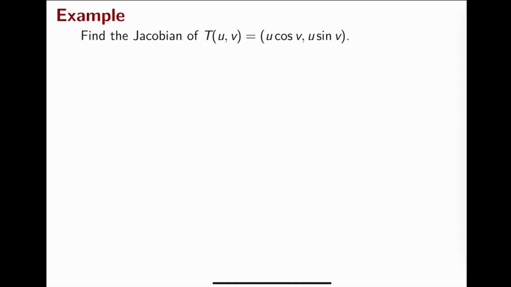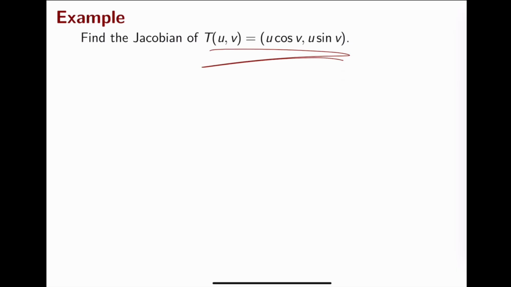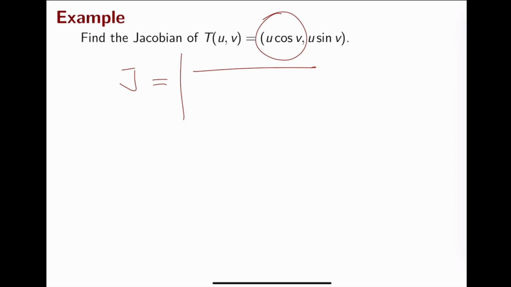Okay, so for example, let's calculate the Jacobian of the change that we were just using before. The Jacobian is going to be equal to the determinant of, first, the derivatives of the first component with respect to u and v. The derivative with respect to u will be just cosine of v, and the derivative with respect to v will be, since the derivative of cosine is minus sine, minus u sine of v.